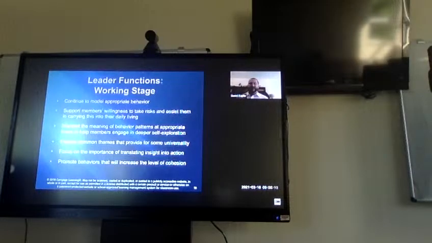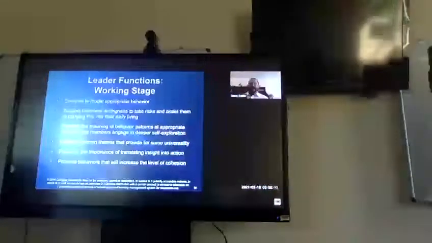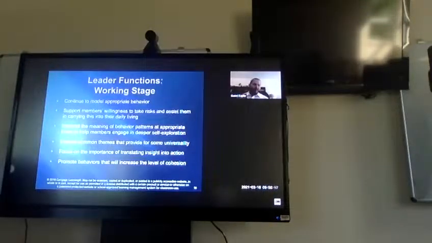We've been saying this from the initial stage: continue to model self-disclosure and appropriate behavior. If people are trying to take risks, you want to support people's willingness to take risks and encourage people to get a little bit beyond their comfort zone.